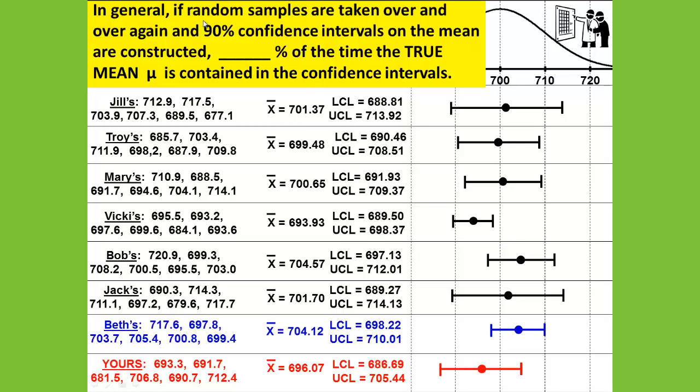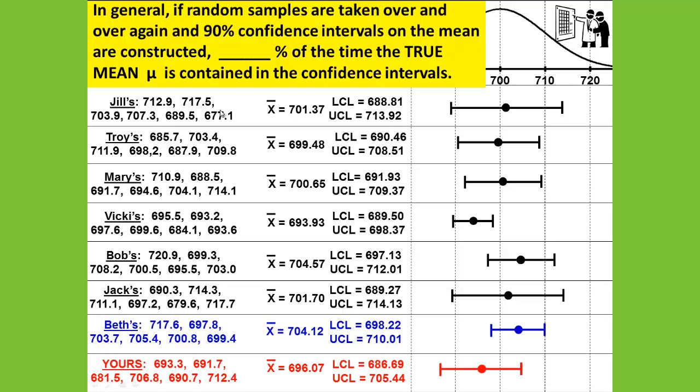In general, if random samples are taken over and over again, and 90% confidence intervals on the mean are constructed, 90% of the time the true mean, mu, is contained in the confidence intervals.